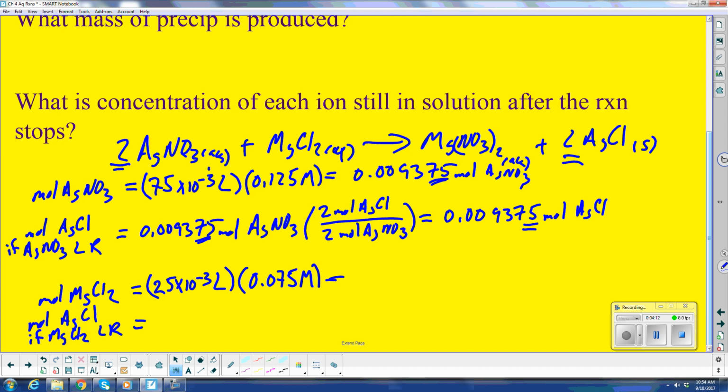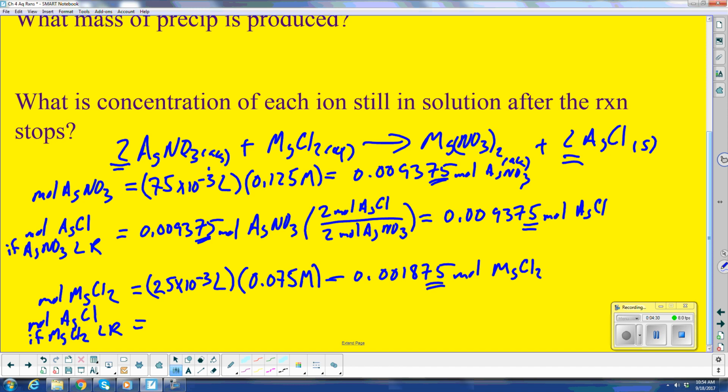Good. So let's try that. 25 times 10 to the minus third times 0.075, and I get 0.001875 moles of my magnesium chloride.